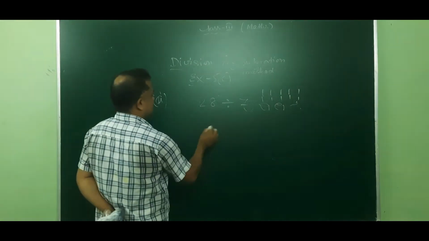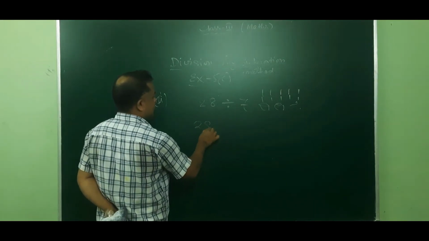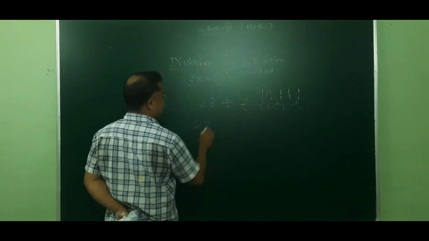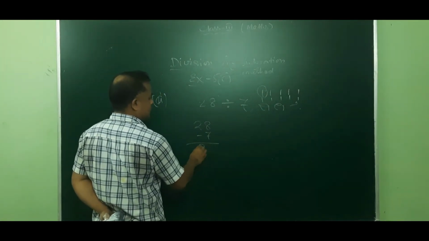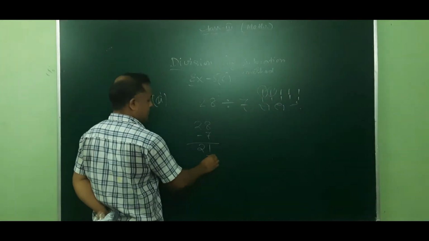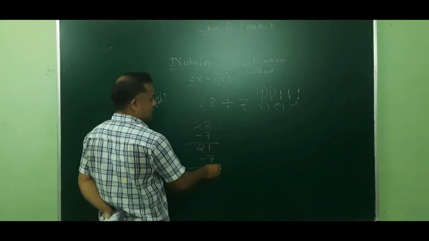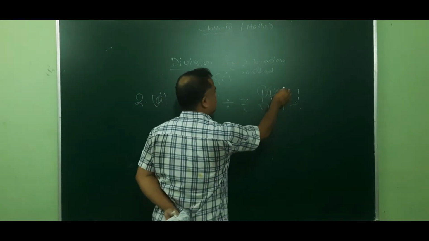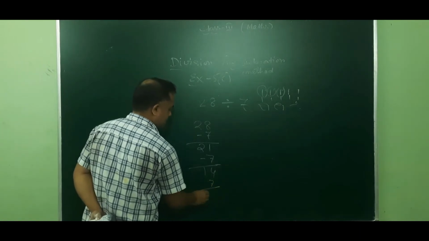Now let's see. From 28, first I will give out 7, so it becomes 21. To the second I will give out another 7, so it becomes 14. To another one I will give out 7, so it becomes 7.